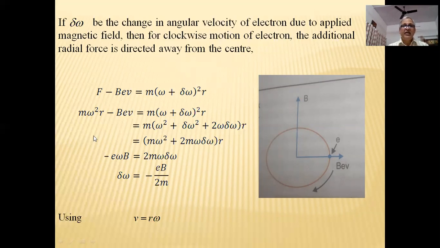Now we get m omega square r minus Bev equal to m omega square r plus 2 m omega delta omega r. Now we rearrange the terms and we get minus e omega B equal to 2m omega delta omega. Further we simplify it: delta omega equal to minus eB upon 2m. Here we are using the value of v equal to r omega.